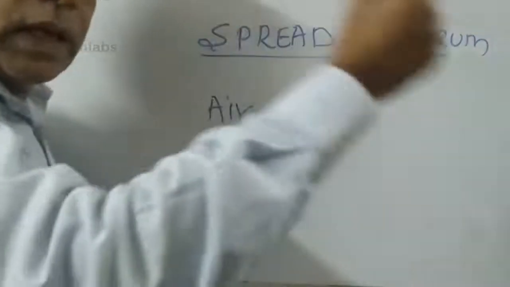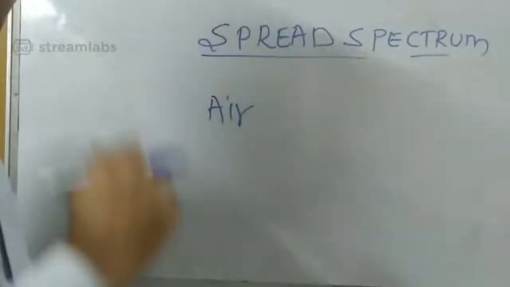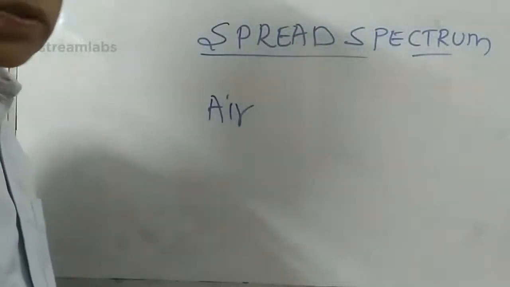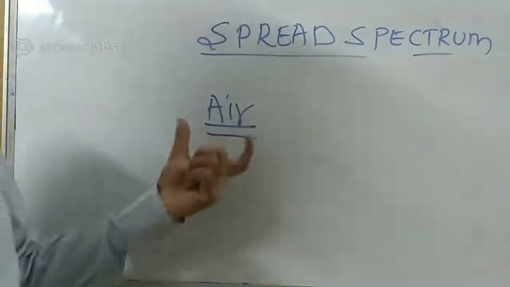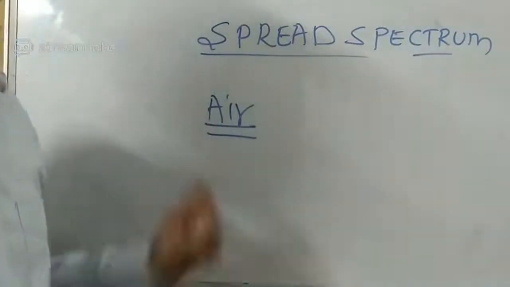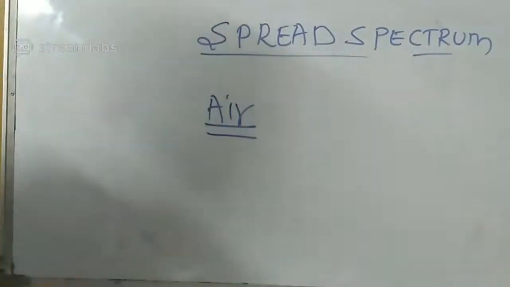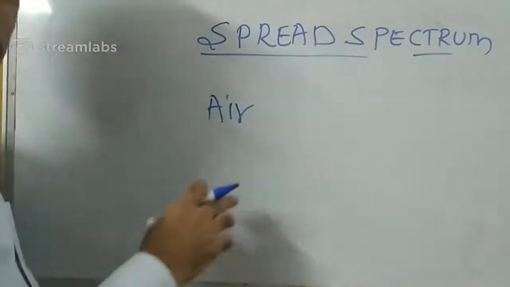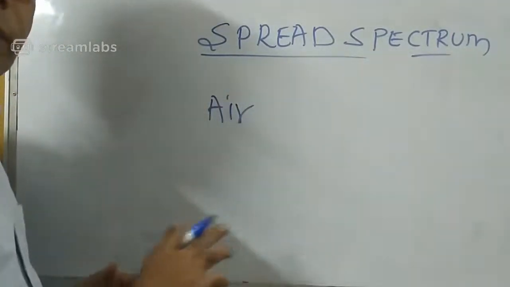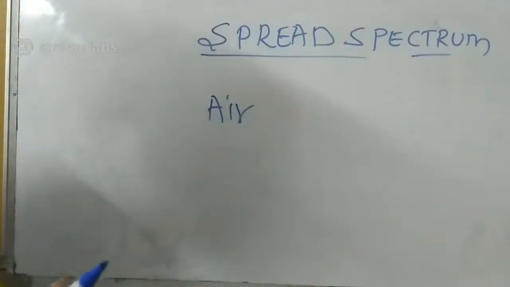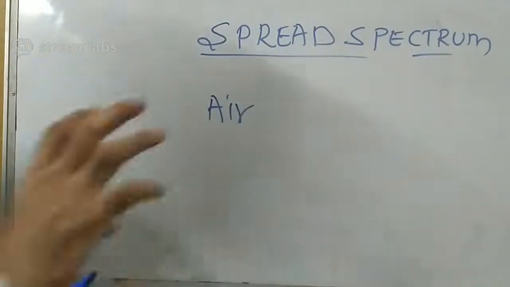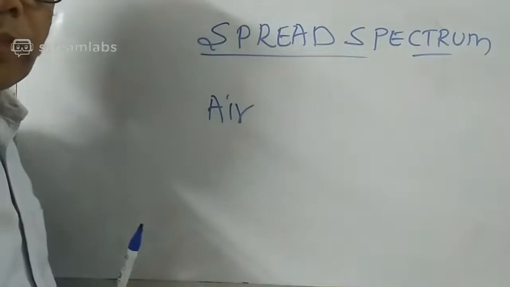But we need some medium for transmitting our signals from one end to another, or from one machine to another. In those cases, we use air or vacuum as the medium. But when the medium can be accessed by anybody, there is a lot of security threat.